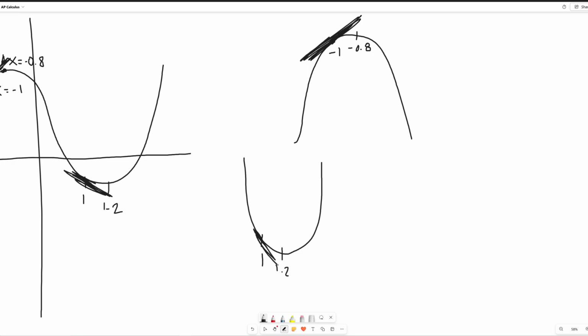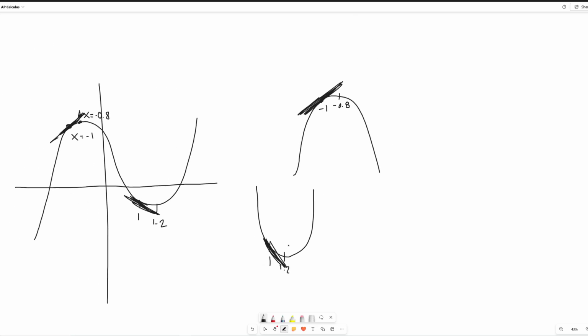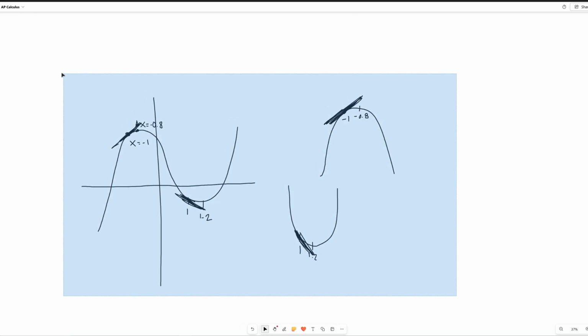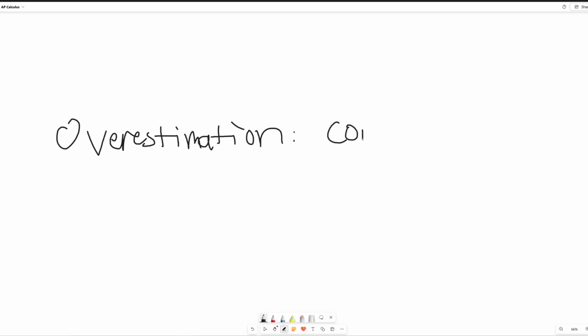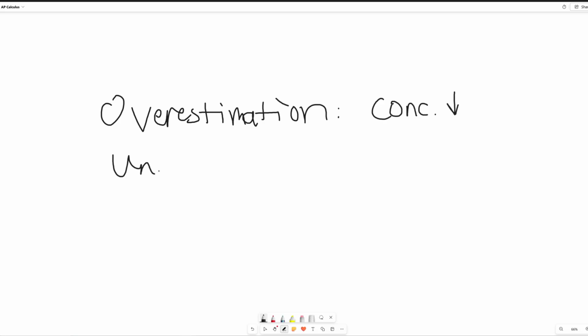That would be an underestimation. So the note that you should take and keep in your mind is that tangent line approximations are overestimations when the graph is concave down. And then underestimations when the graph is concave up.